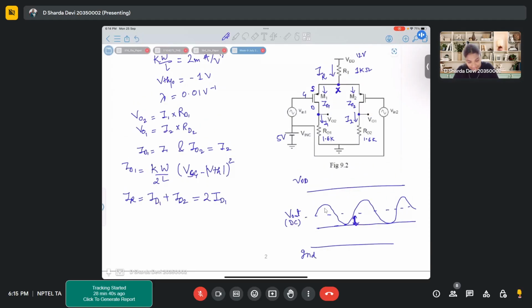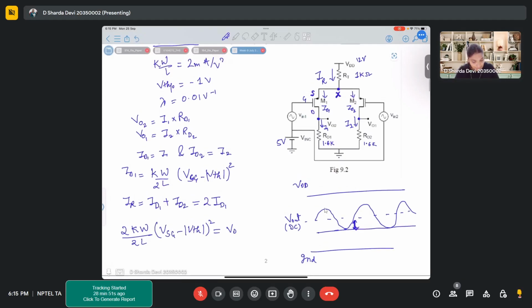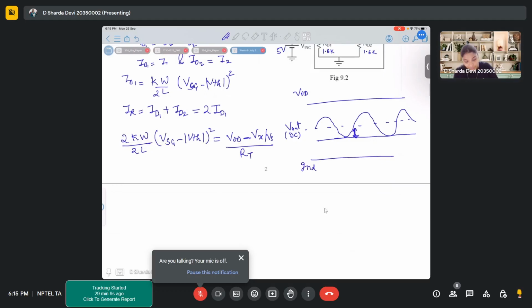So if I write it down, it is 2 kW by 2L (VSG minus mod VTH) whole square is equal to (VDD minus Vx or Vs, anything is fine) by RT, right? So here the 2 cancels.